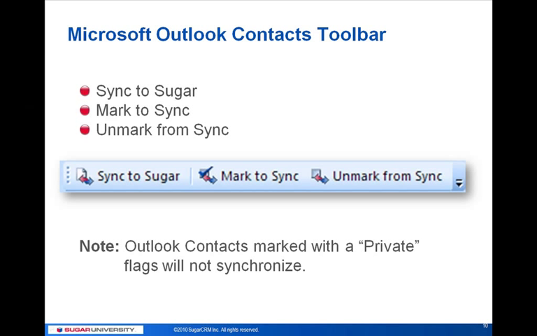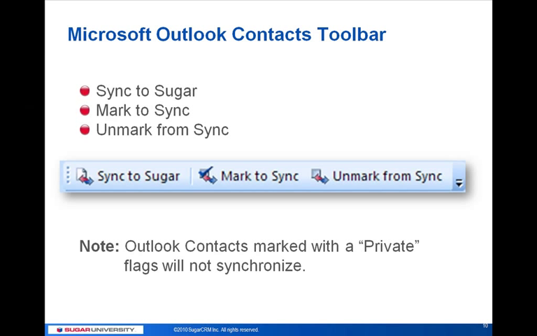So there's a new toolbar on the top of the contacts window to sync up your contacts, and only the ones that you want. So you have the option to sync to Sugar, to select certain contacts to mark, and you can even unmark some contacts that you have already synced or that you thought you wanted to sync and you decided that's not one that you want to sync up.